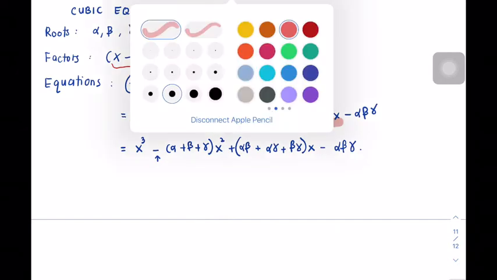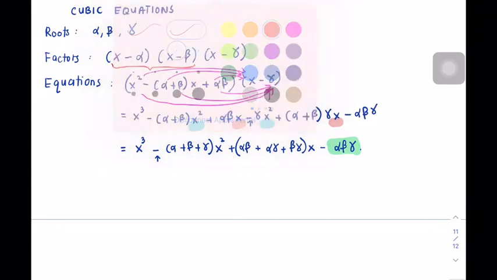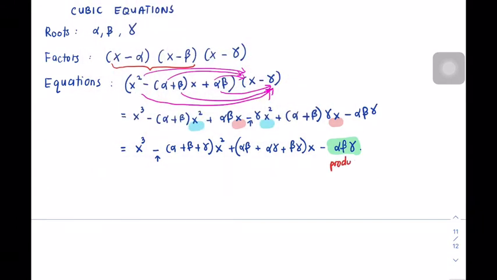So what I want you to see here is actually the last term over here. The last term is also the product of roots, since it is alpha times beta times gamma, the roots over here.